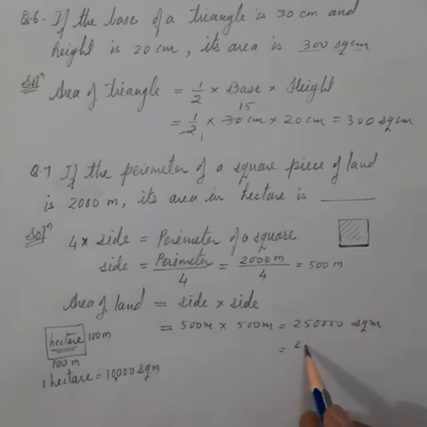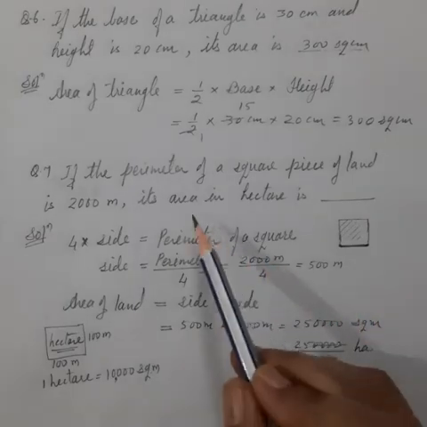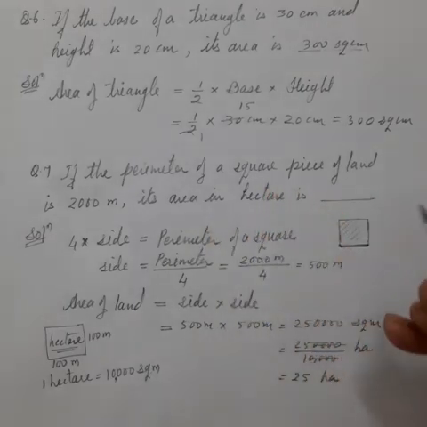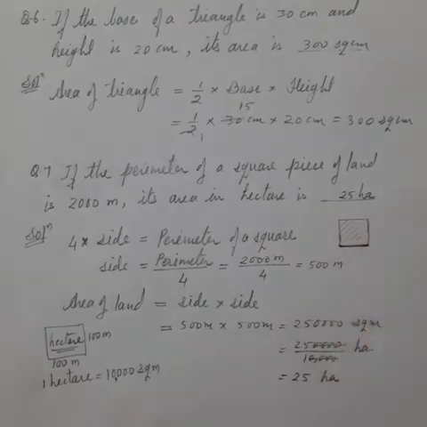So divide this area by 10,000. We will get area in hectares. These 4 zeros will cancel with these 4 zeros and we get here area 25 hectares. So the area of the square piece of land in hectares is 25 hectares.